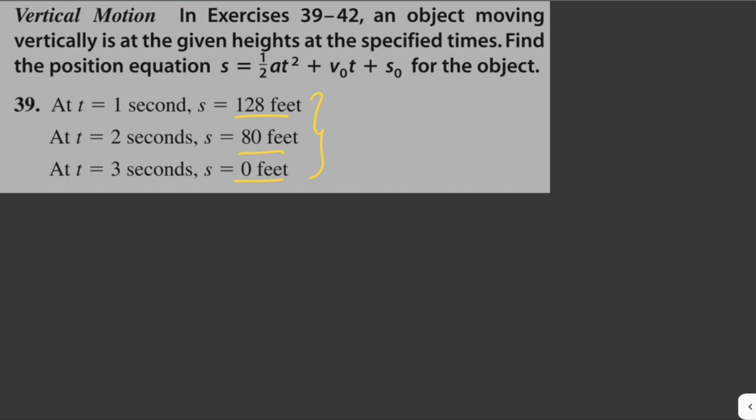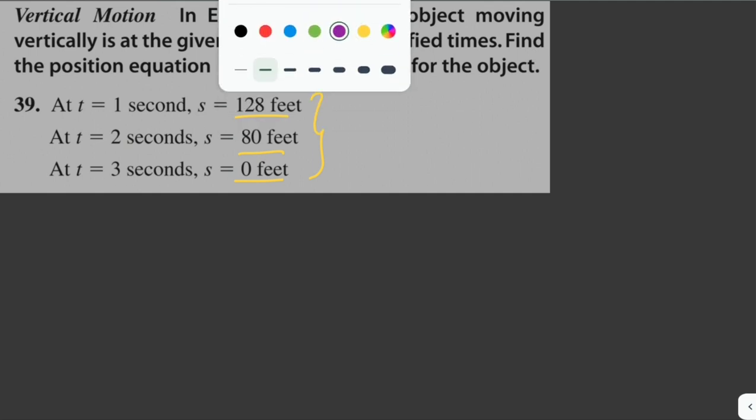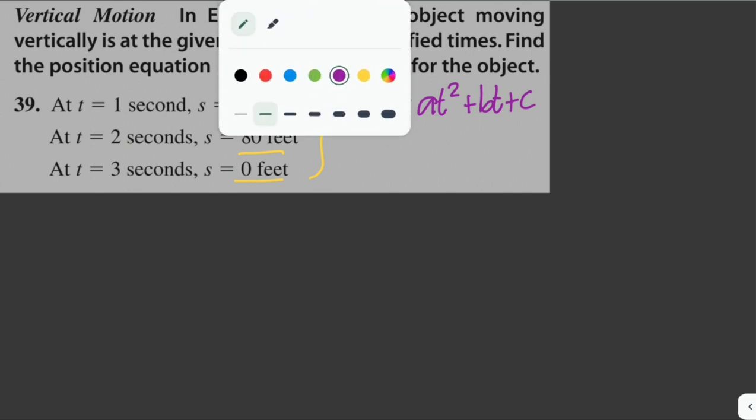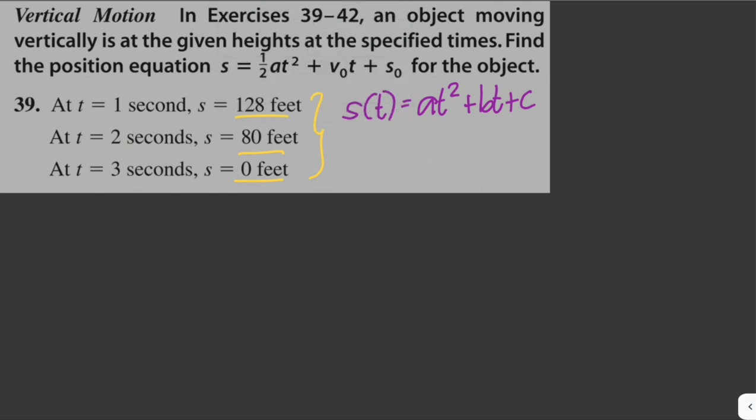Let's take note that the standard form of the equation is s of t equals at squared plus bt plus c. So the first thing we do is solve for the values of a, b, and c, and now we can find the position equation. So let's do that.